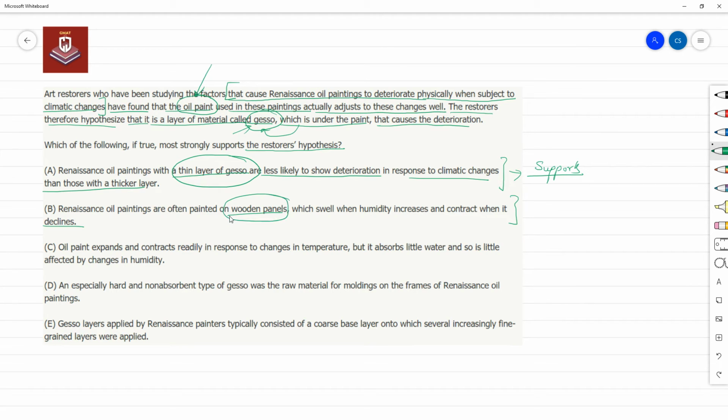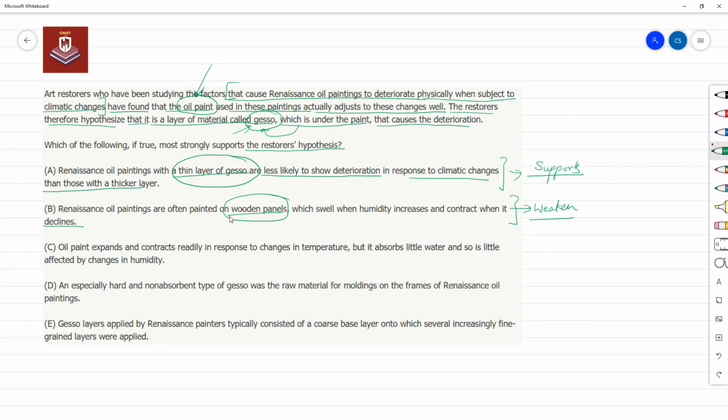Essentially it is indicating that it could be the wooden panel that's causing the deterioration of the paintings, right? It actually weakens, it gives us an alternate cause, an alternate reason why the paintings are deteriorating when subject to climatic changes. So it's giving us another reason rather than gesso.